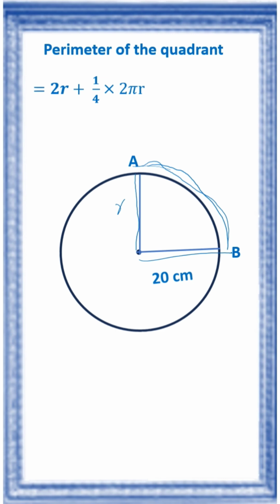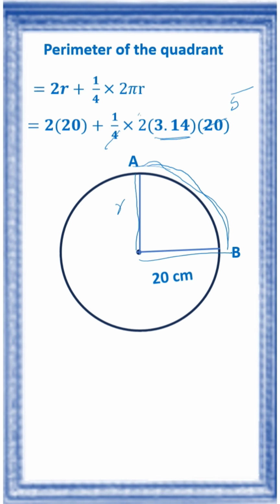Now let us substitute the values of r is equal to 20 centimeter. Pi is 3.14. Let us substitute. Here 4 ones are 4, 5 twos are 10. Now we have what? 2 into 20, that is 40. Here 5 into 2, 10. 10 into 3.14.